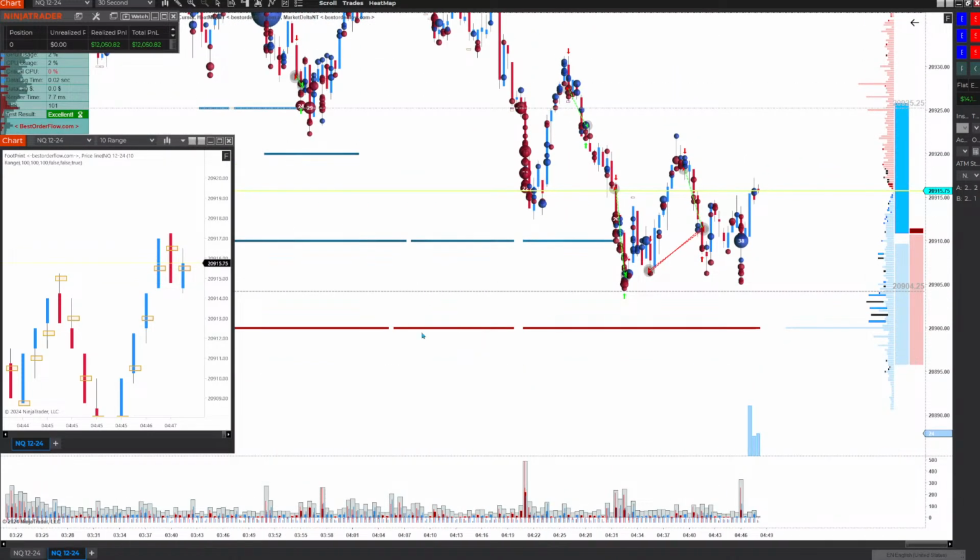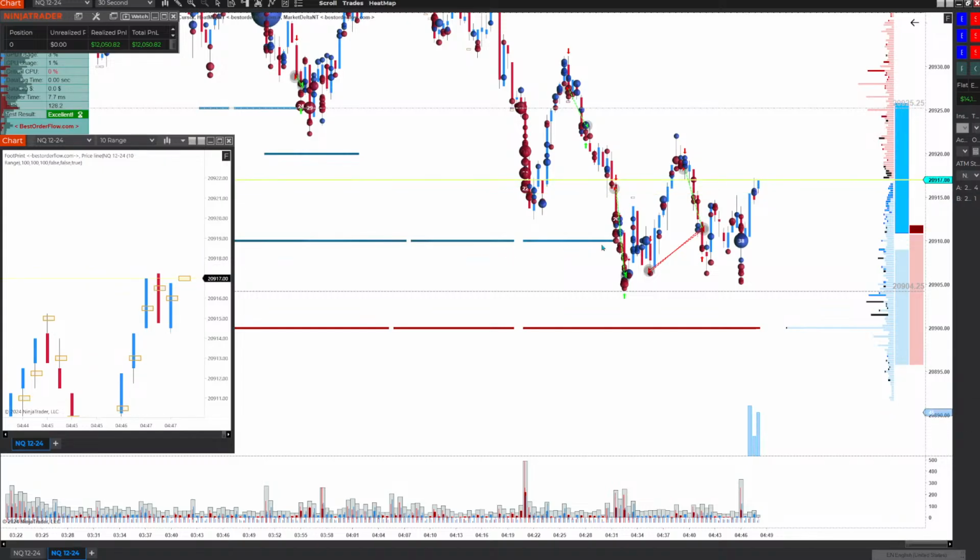Bookmap is to show the data level 2, the passive orders sitting over here.